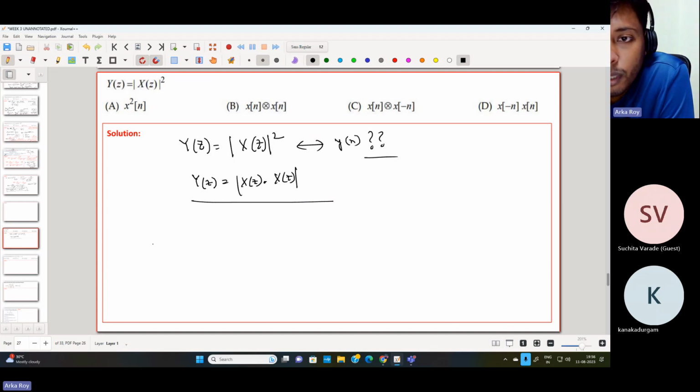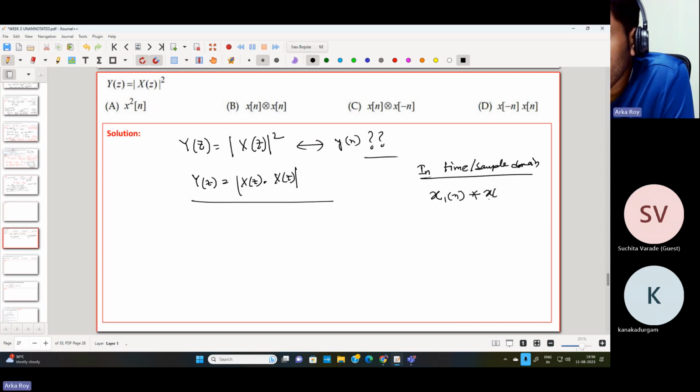So let me give you a hint. In the time domain or in the sample domain, if there are two sequences x1[n] and x2[n] convolved, then in the Z transform domain, it will be multiplied, X1(z) into X2(z).